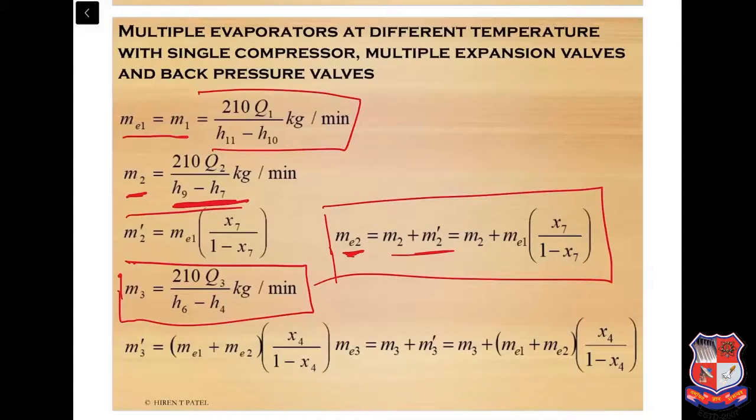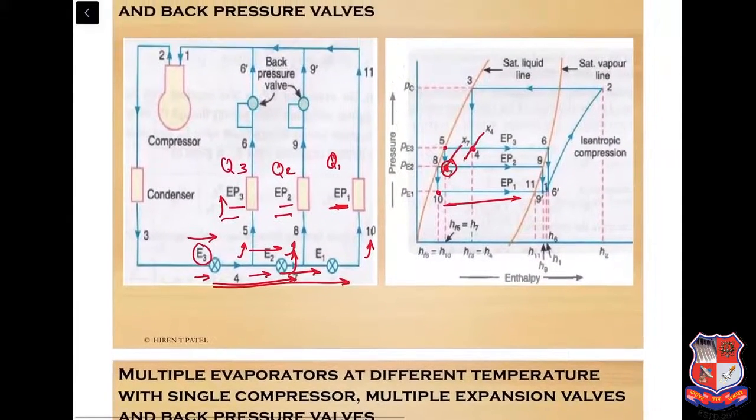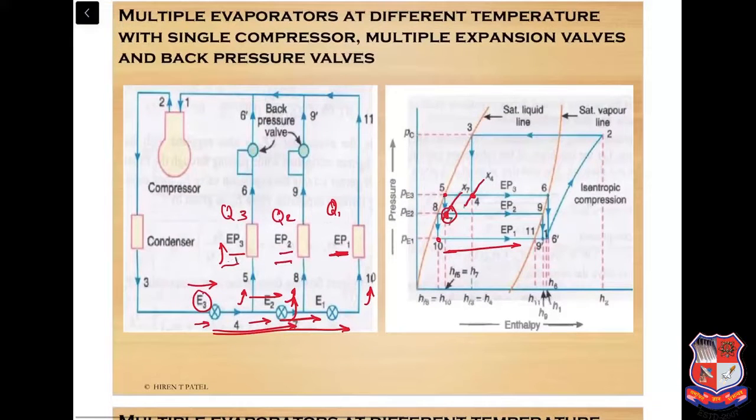Same as here, in the third evaporator it is also supplied with the sum of the vapor that is generated during the expansion of Me1, Me2 and Me3, the masses for evaporator 1, evaporator 2 and evaporator 3. Then Me2 and Me1 are also expanded through this expansion valve.